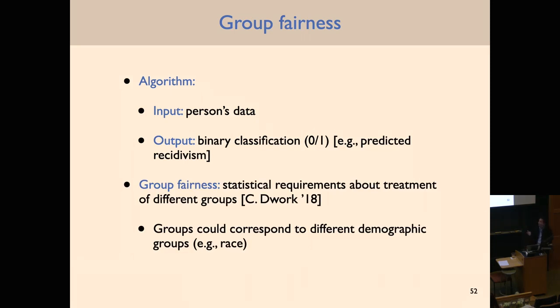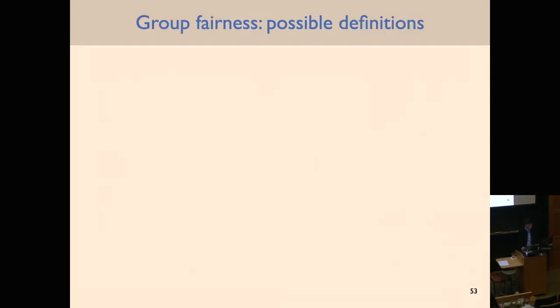So group fairness basically imposes statistical requirements about the treatment of different groups. So let's say treatment of different racial groups, but in general it could be any kind of demographic group, race or age or so on.